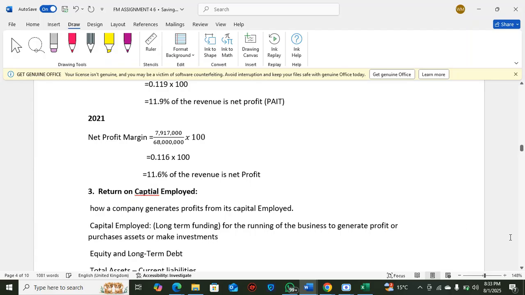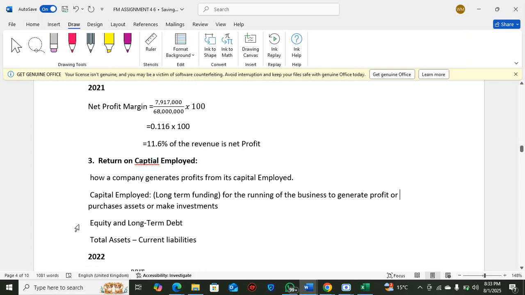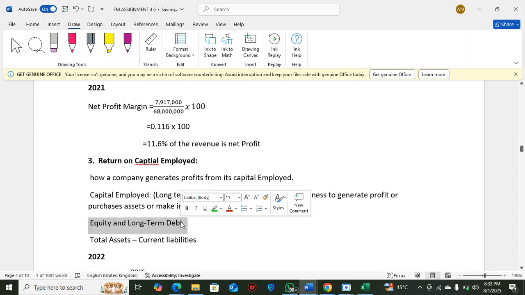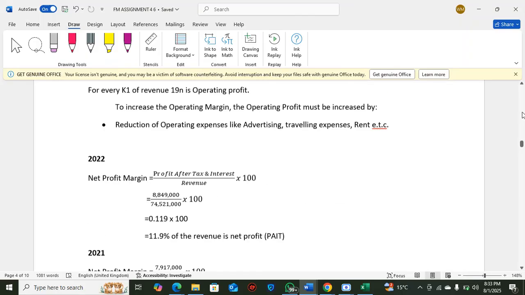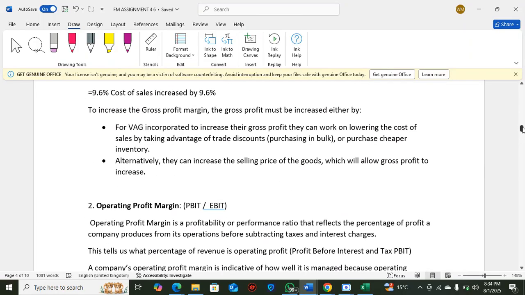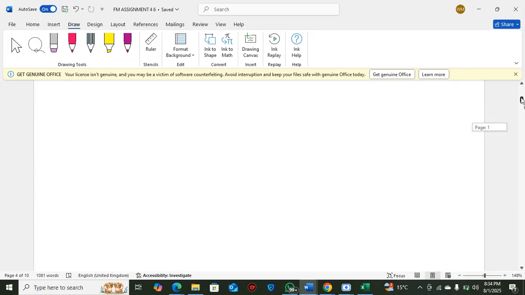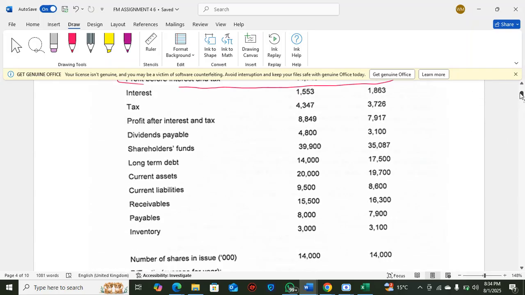So capital employed is equity and long-term debt. Equity and long-term debt. So if we go to our statement here, equity is here, shareholders funds.